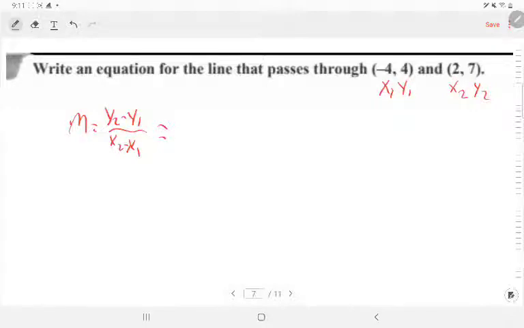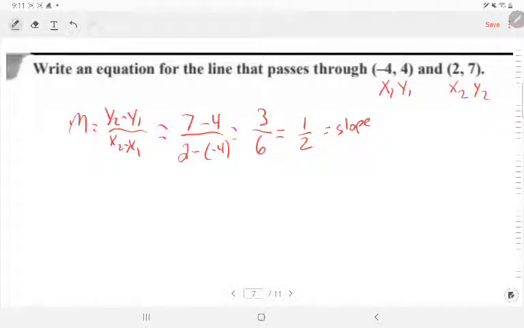And that would give me 7 minus 4 over 2 minus a negative 4. Well, 7 minus 4 would give me 3, and 2 minus a negative 4 is going to give me a 6. And 3/6 is going to give me 1/2. So that equals my slope, okay?